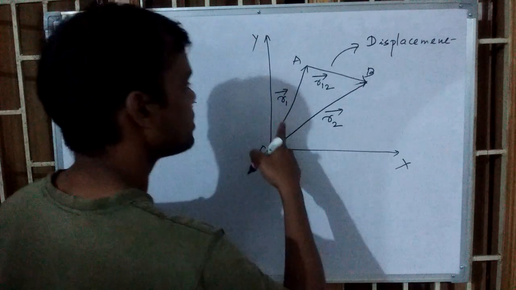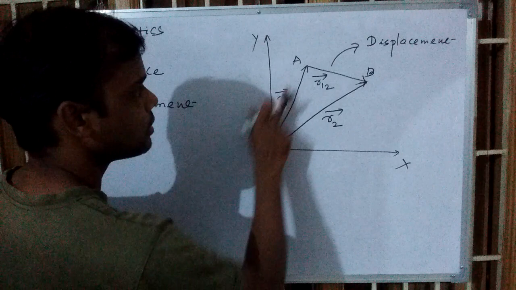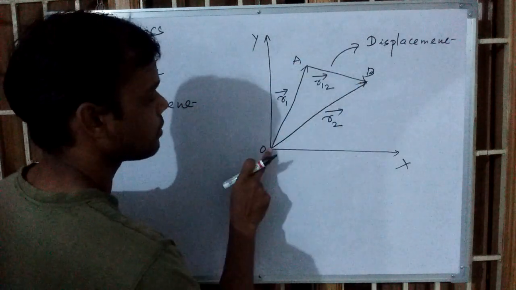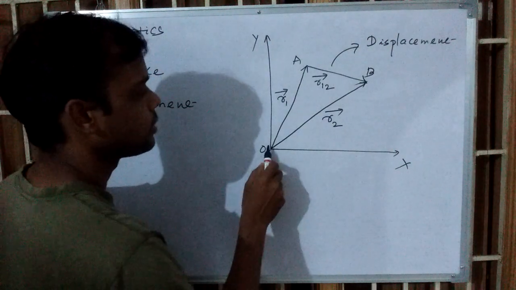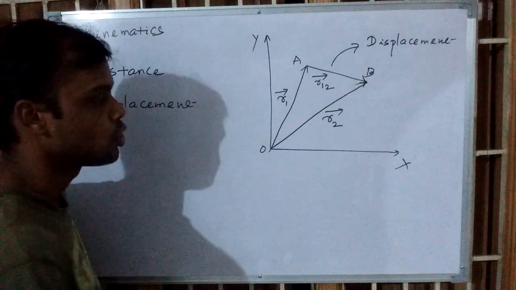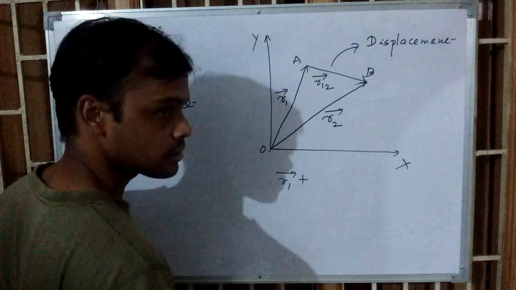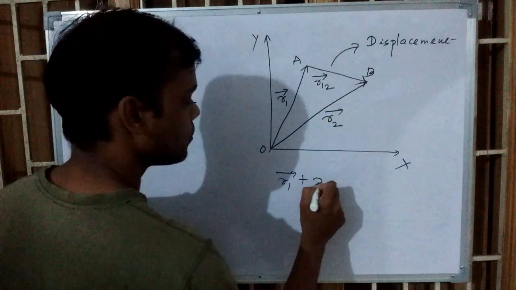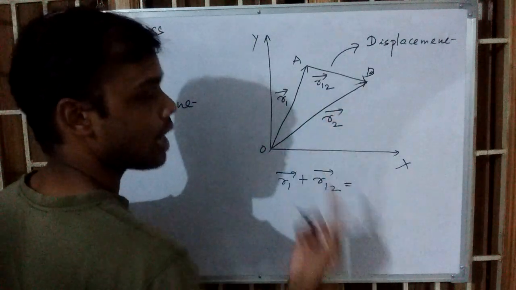Then what is the relationship between all these three vectors? You see, this vector plus this vector is equal to this vector or not? By vector addition method, this vector plus this vector is equal to this vector. So I can simply write R1 plus R12 is equal to R2.